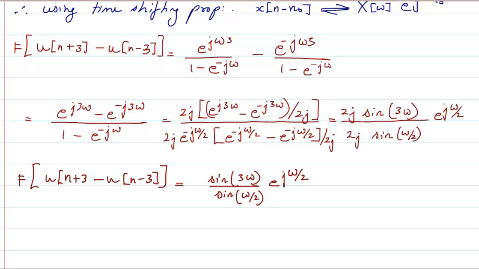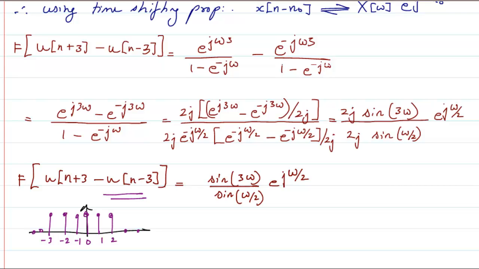Now this problem has a small significance because if I try to plot this signal, the plot will come something like this. u of n plus 3 means it will start at minus 3, minus 2, minus 1, at 0 and then going forward, but subtracting u of n minus 3 means it will go only up to 2. From 3 onwards it is 0.